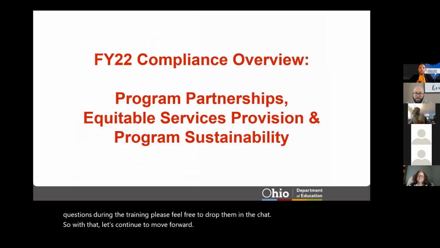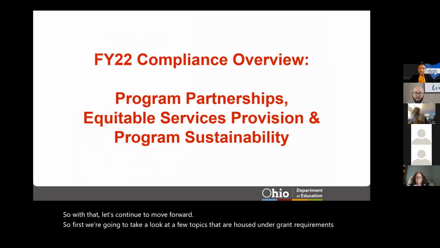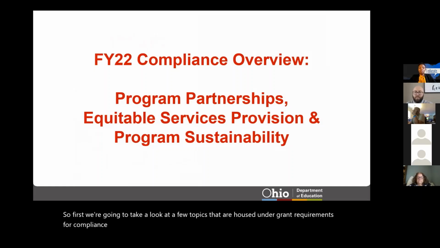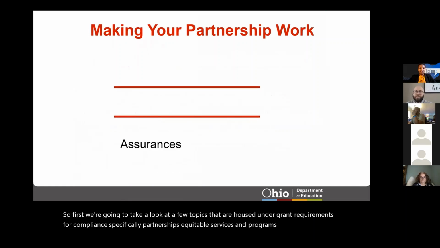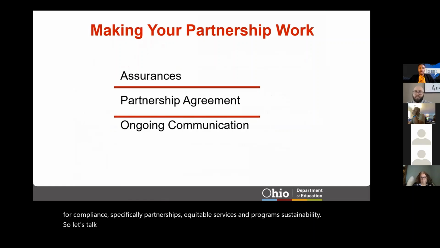So first, we're going to take a look at a few topics that are housed under grant requirements for compliance, specifically partnerships, equitable services, and program sustainability. So let's talk about making your partnership work.